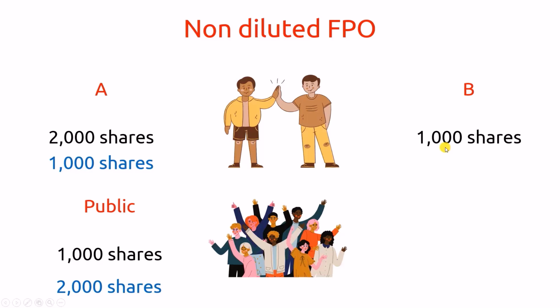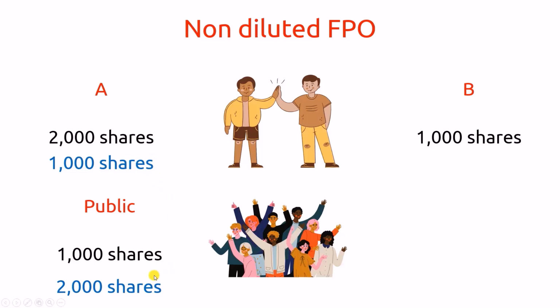Okay. Now, you may have a doubt. If the promoters are selling it to the public, how can the company generate money? Correct? Basically, the promoters are selling the shares to the public. So whatever was here now is here. That's all. How does the company get money?